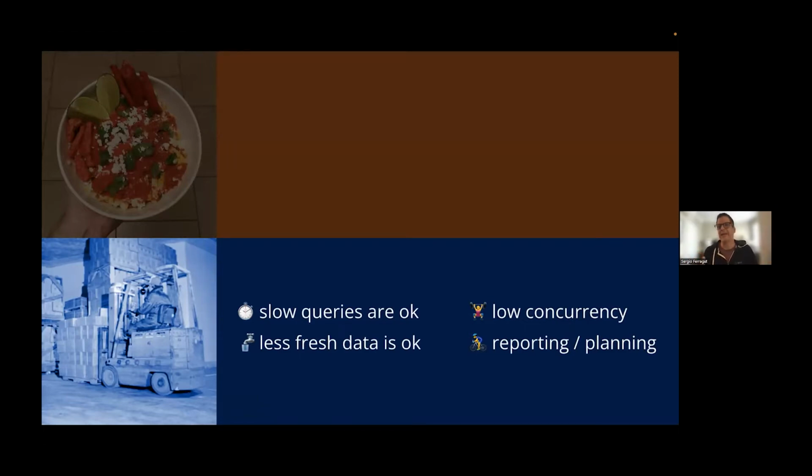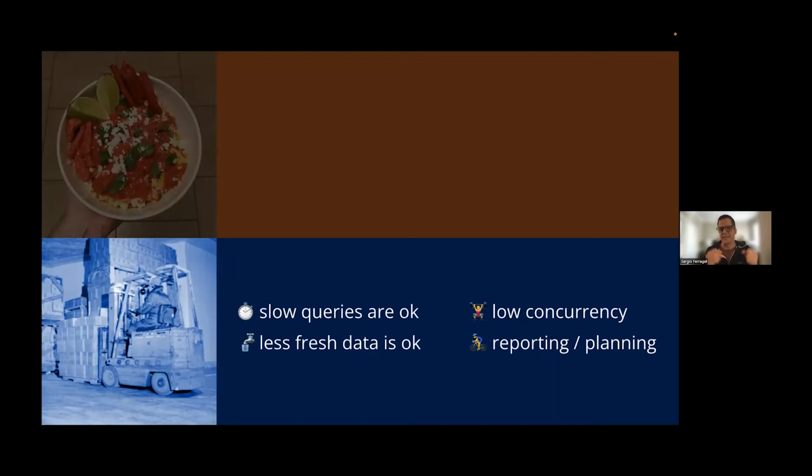I mean, it could take a few seconds, even a few minutes. You can go get your coffee while the report's being created, and it's okay. The analytics space is okay with that kind of performance, right? Typically, the data is not real time data. It's daily batch data is what you typically get in these kinds of environments.